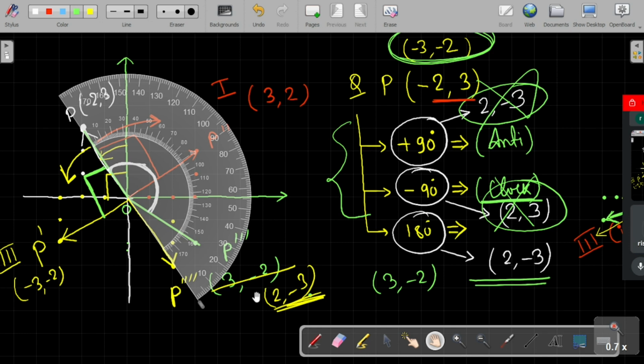Are you getting my point? For 180-degree, there will be no exchange in x and y coordinates. Simply change the sign of both the coordinates. For example, here it's minus 2; in the answer part, it will be plus 2. In the question, it's plus 3; in the answer part, it will be minus 3. Is it okay? Are you getting this?